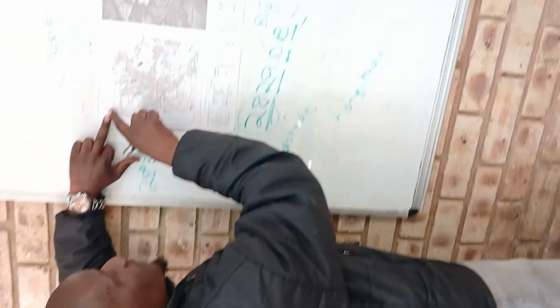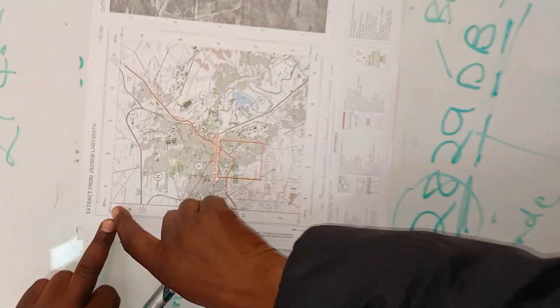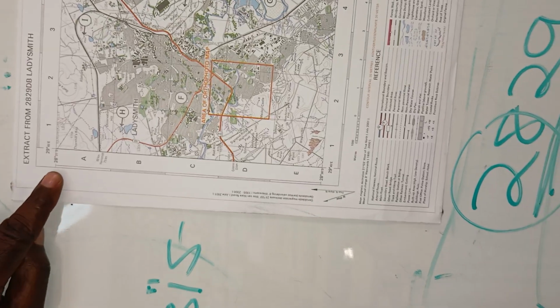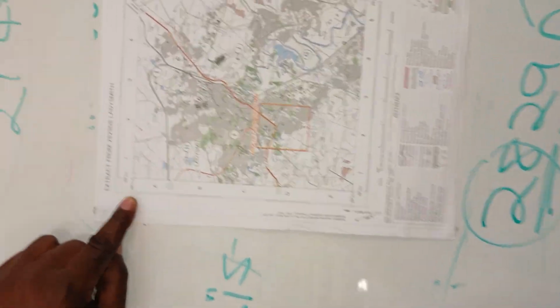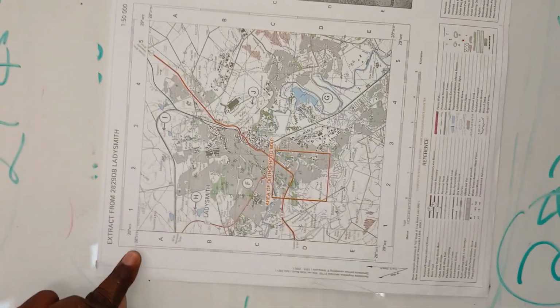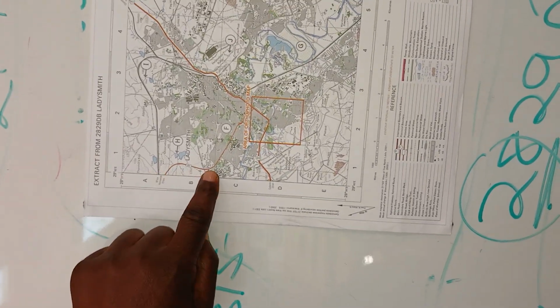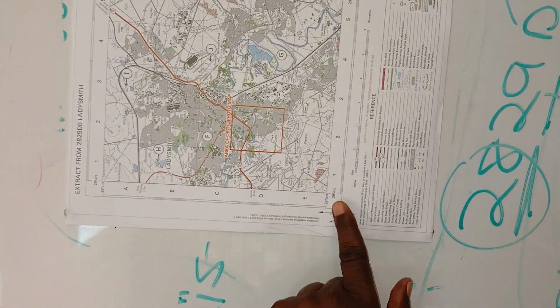You should be able to identify your latitude. Your latitude starts from here, 28, 31. We are going to count going downwards, which means your degree remains 28 degrees. The only thing that changes is the minutes: at the end of this grid or block, 31, 32, 33, 34, 35, 36.